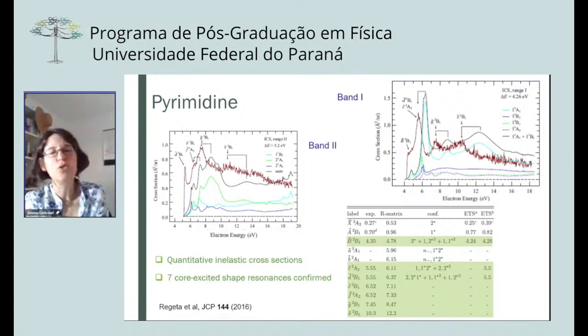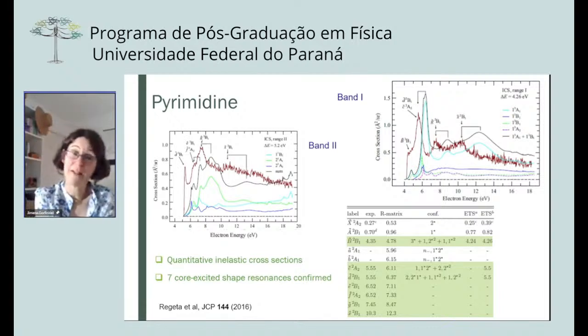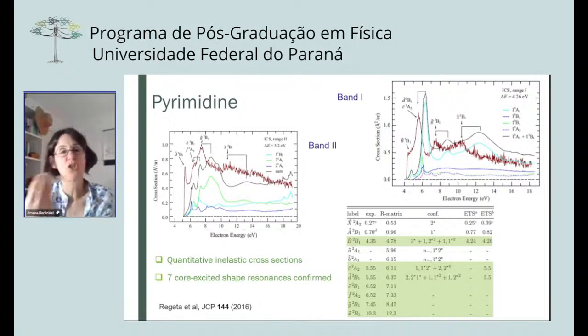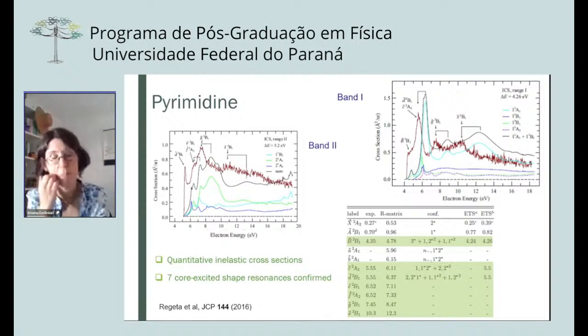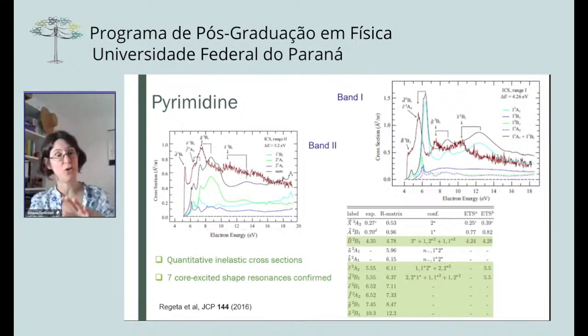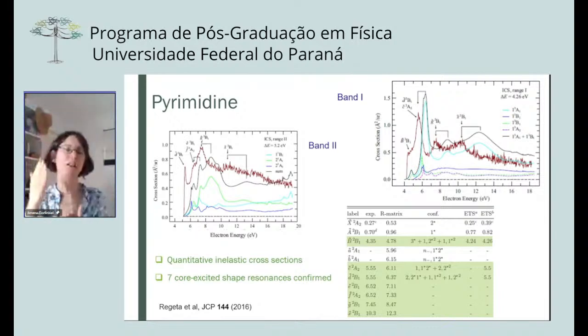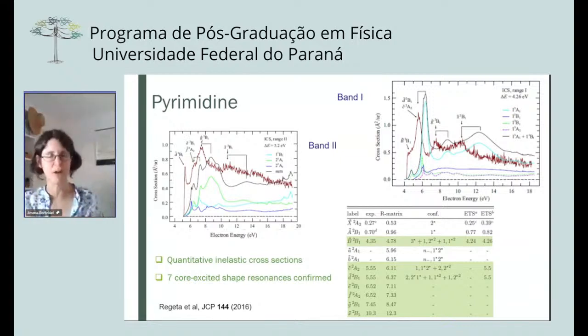The other thing we do, to know whether they're shape or core-excited, is compare static exchange plus polarization calculations with close-coupling calculations, or do calculations removing some states and adding others. So it's a question of comparison. There isn't an algorithmic, numerical way of doing this. You have to see how these resonances behave with respect to changes in your model, and then you can decide whether they are core-excited, Feshbach or even shape.